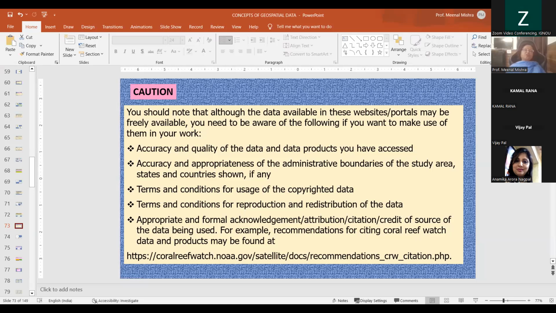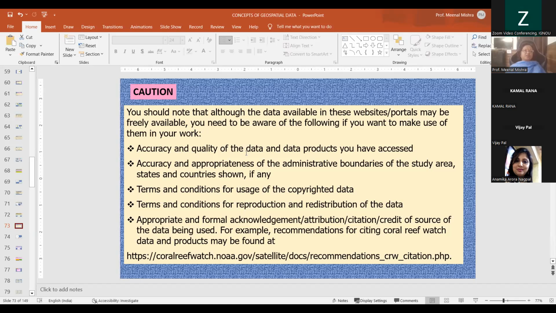Other sources are also there in your SLMs, which you can read. Now, what are these cautions? There are 3, 4 more portals which I have not discussed, but let me come directly to the cautions. So, in order to download, you should be aware which kind of data you require for your work.